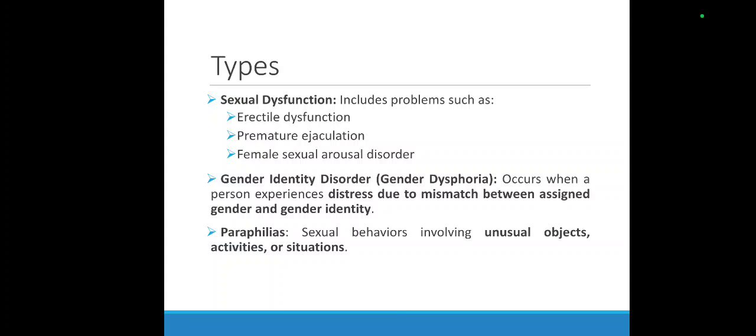Okay? And then paraphilias, sexual behaviors involving unusual objects or activities or situations. So paraphilias, example, they're aroused and having sex with animals, okay, or having sex with the presence of stool, okay, or using any material or objects, okay, that could cause or inflict pain to others.